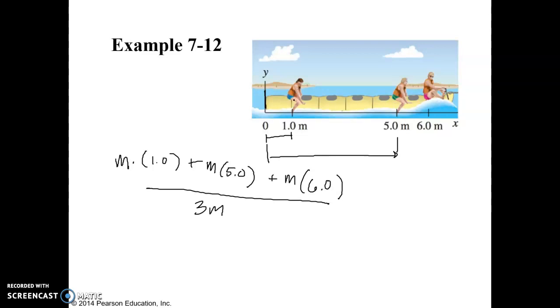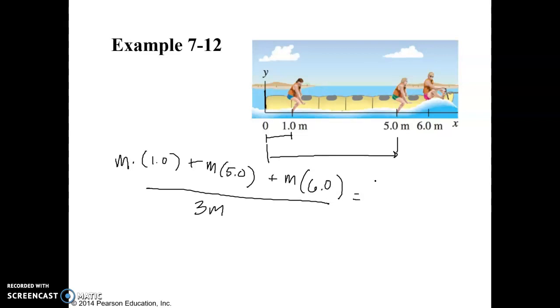So if we take the mass of this person times their distance from the back of the boat, m times 1, and add it to this person's mass, m times 5 meters, and this person's mass times 6 meters, we end up with this on the top of our weighted average formula, 1m plus 5m plus 6m, and then we divide by the total mass, m plus m plus m, or 3m.